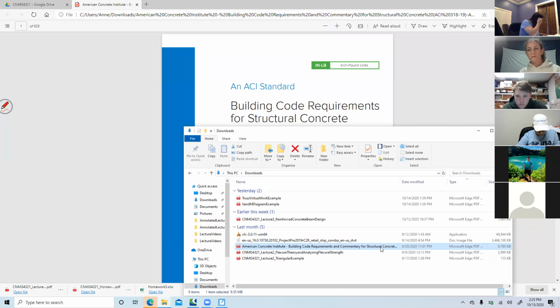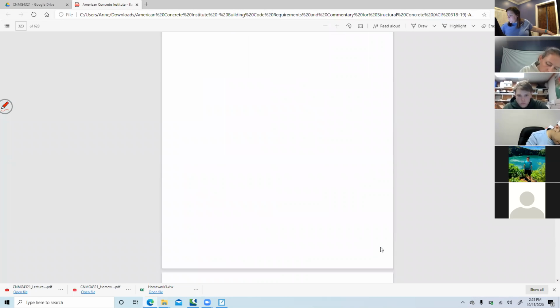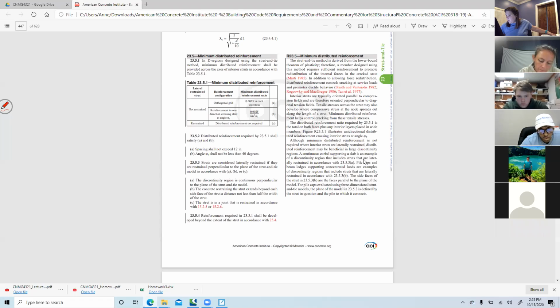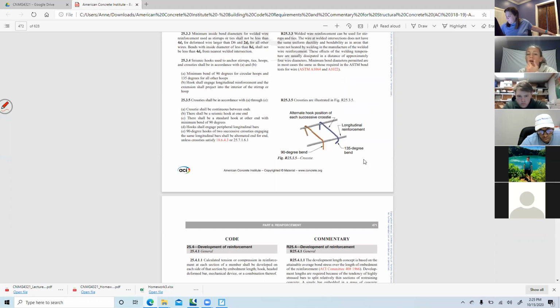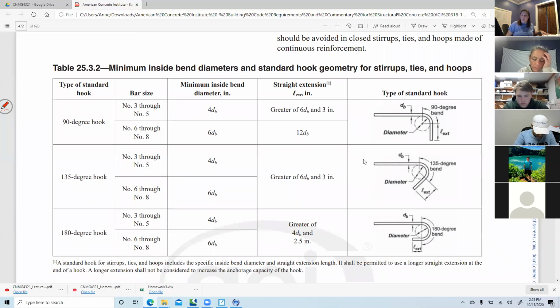So the bend diameter is on page 470. There it is. We're looking at minimum inside bend diameter for stirrups, hooks, and ties, or hoops and ties.